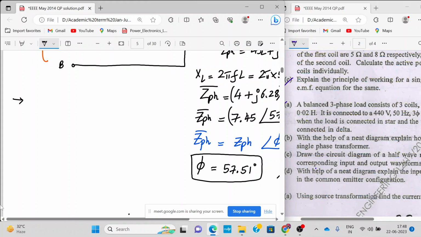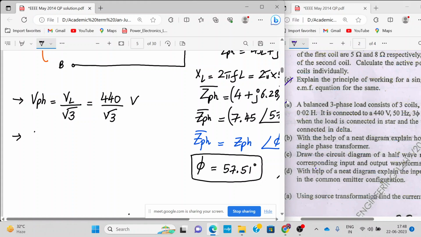Next, we know V is equal to I into Z. So now let us find phase voltage. Phase voltage is VL upon root 3. VL is given as 440. In the numerical, the line voltage is given as 440, divided by root 3 volt.